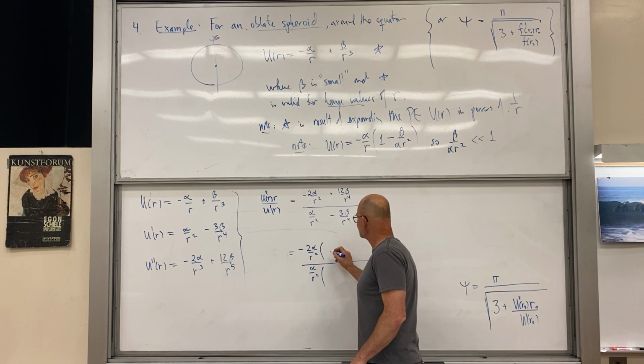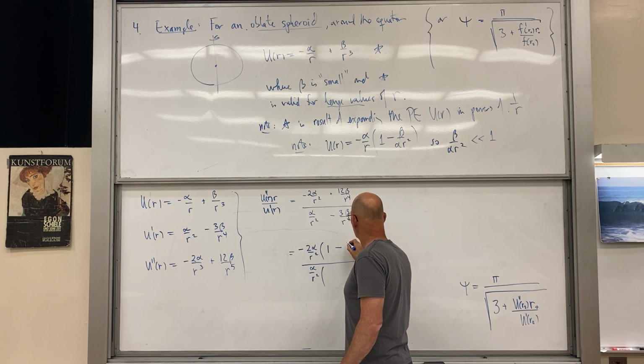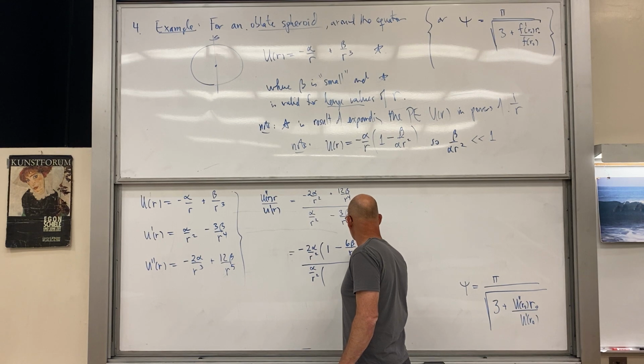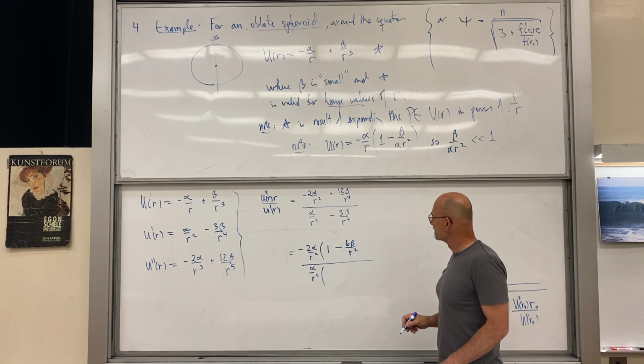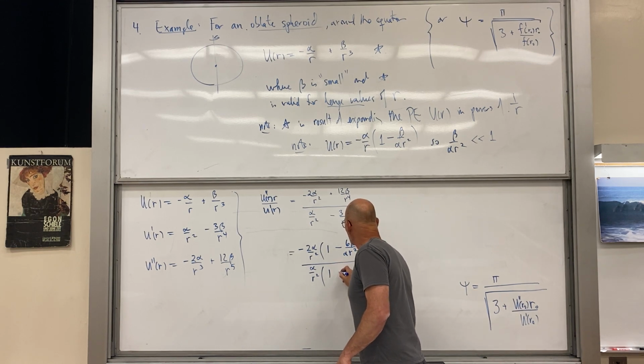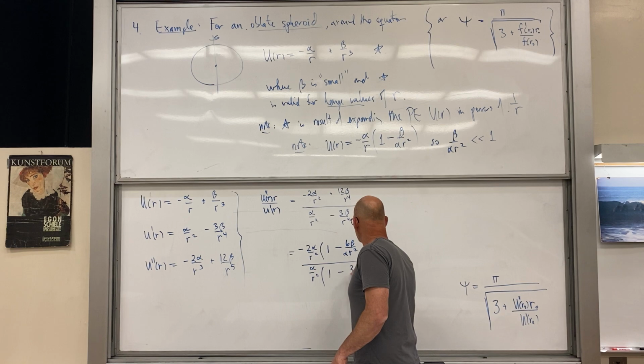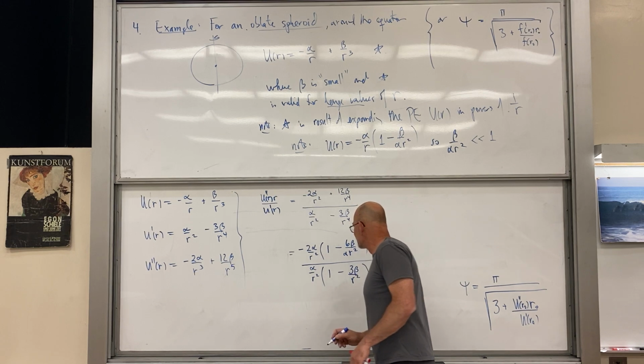So then we'll have 1 minus 6 beta over r squared alpha in the numerator, and here we'll have 1 minus 3 beta over r squared.